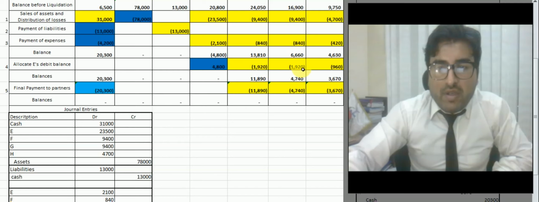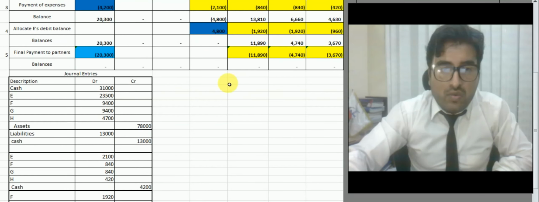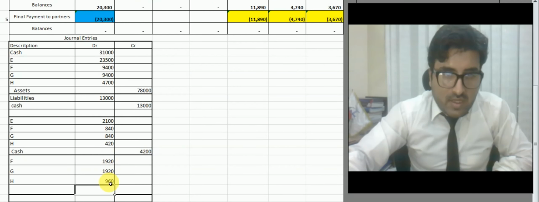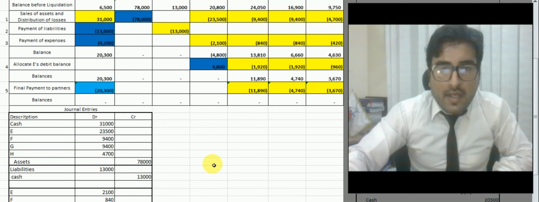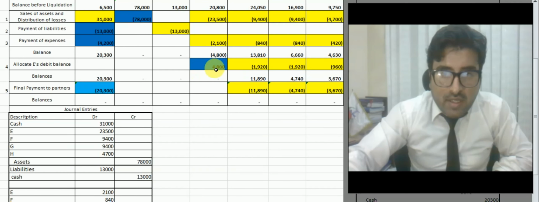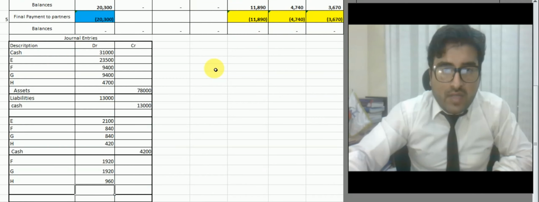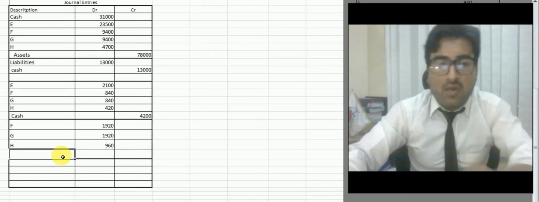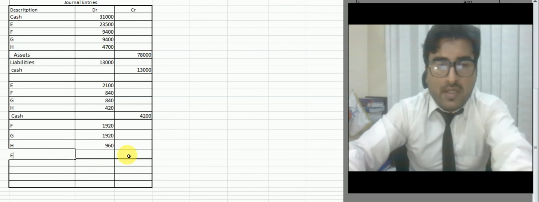So these three values debited, so we have also debited here. Now what credited here? 4,800, so that is E account credited 4,800, okay.